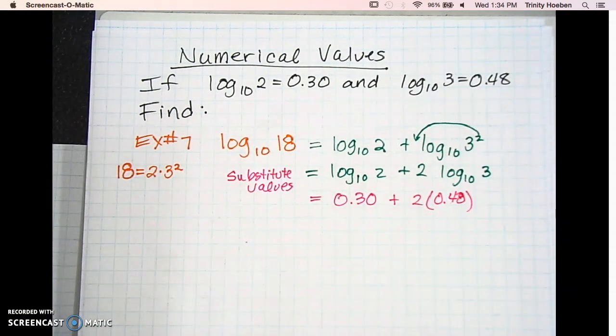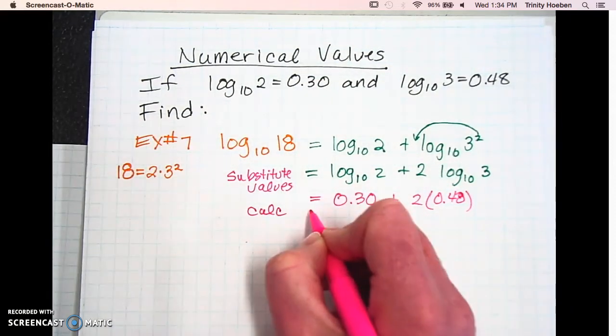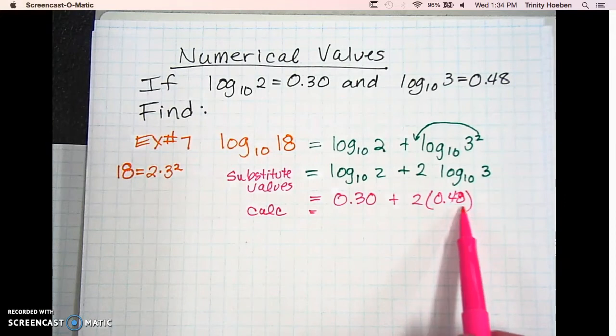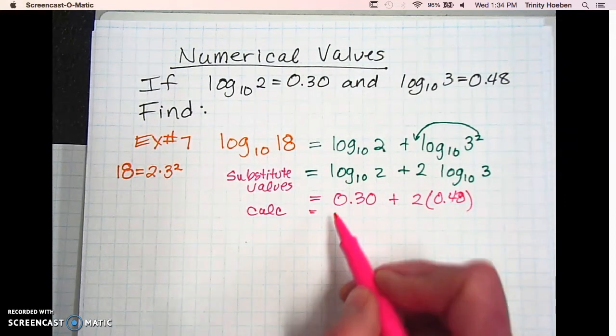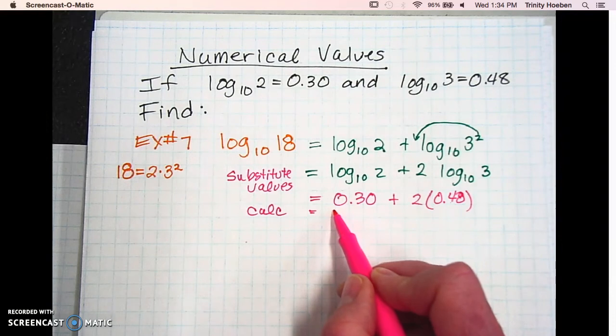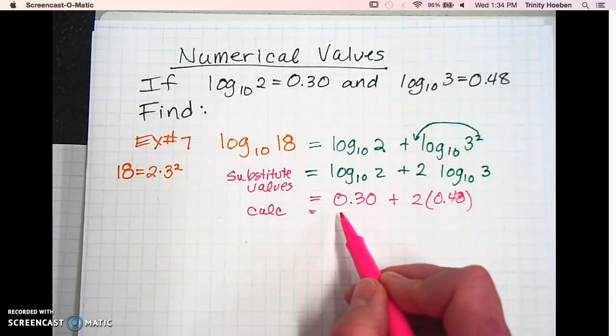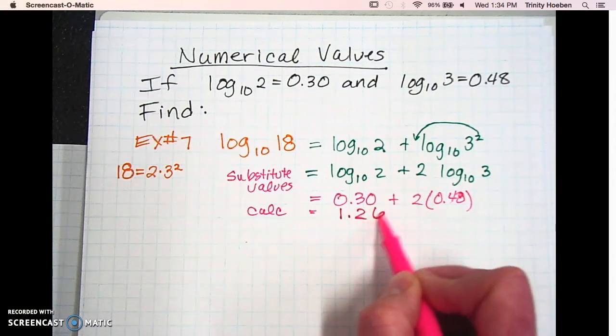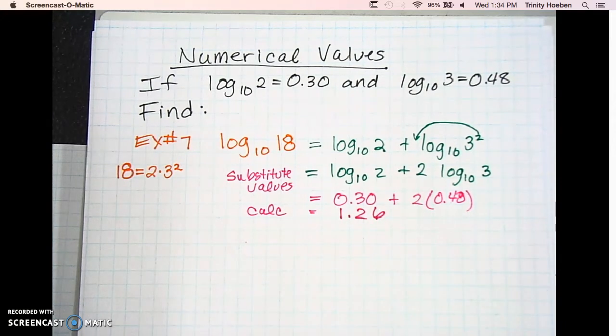So then you take your calculator and you type in, well, I would multiply 2 times 0.48 first, then add the 0.30, and you should get what? 1.26. Okay? So you guys need to try that on your calculator. Make sure you get that.